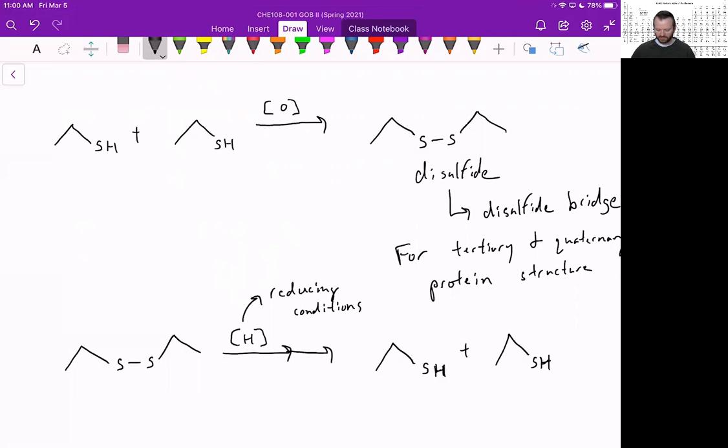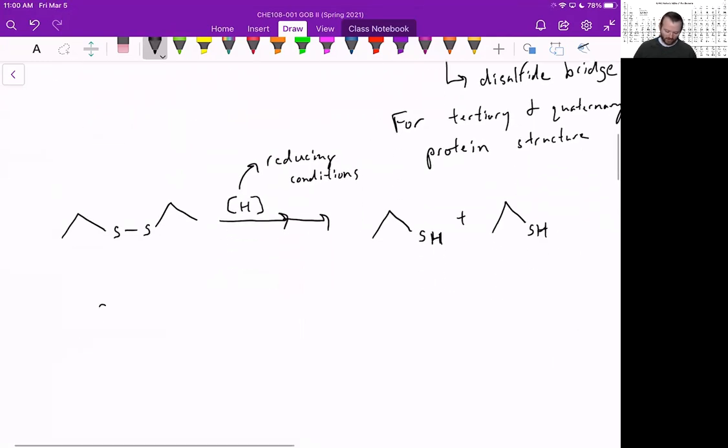An important biomolecule that takes advantage of these types of reactions is glutathione. We'll draw its structure, but the business end of that molecule is a sulfhydryl, a thiol, an SH group. And glutathione is your most important antioxidant.